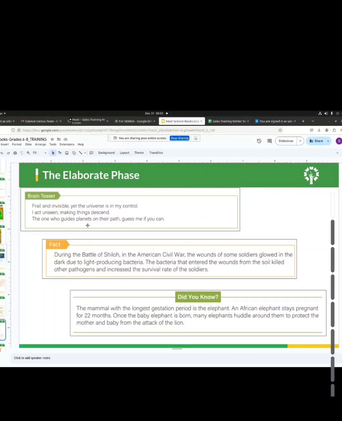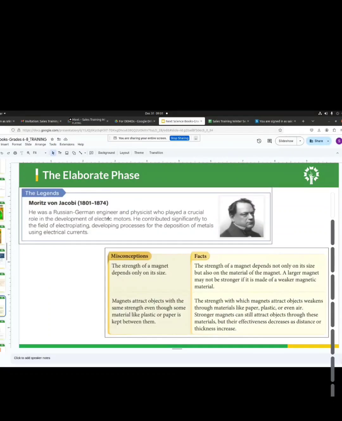And apart from that, we have given certain brain teasers in the form of riddles. In the middle of the chapter, whenever students come across these, they will find it very interesting to answer these kinds of questions. Then certain factual knowledge, certain did you know kinds of questions, are highlighted through these components. And at the end of the chapter, you could find the legend section. By seeing this, can anyone tell me what the legend section is about?